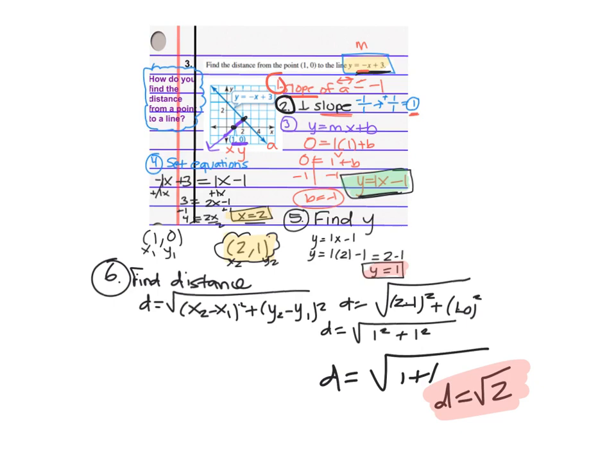Step 4, I set both equations, 1x minus 1 and -x plus 3, equal. I solved for x. Step 5, I used my x of 2, plugged it in, found my y. Step 6, I found the distance between the point that I found and the point that was given to me. So that's what the summary is going to ask you, to write out these steps so you can refer back to the video if needed.